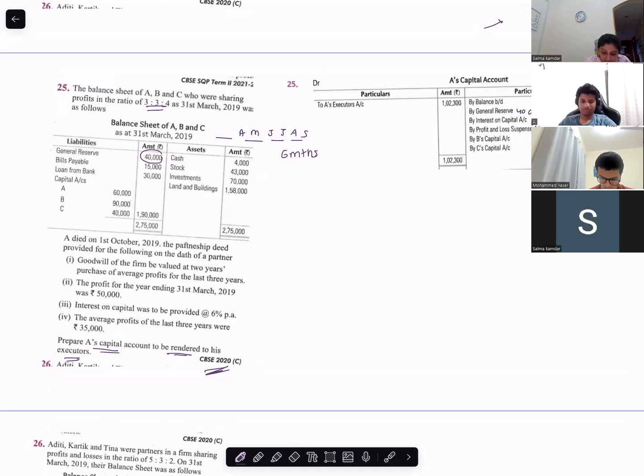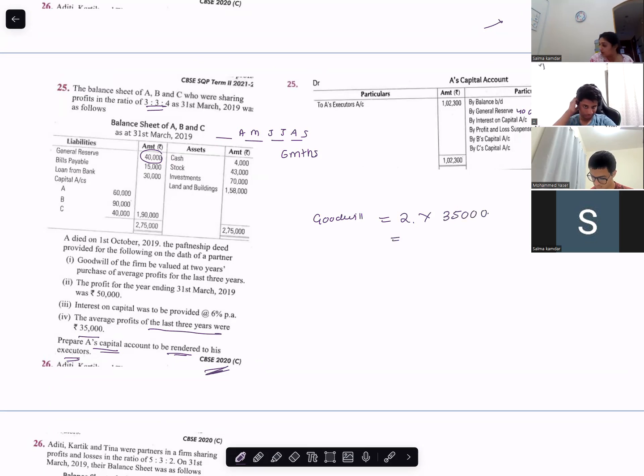Now, goodwill of the firm is valued at 2 years purchase of average profit of last 3 years. So what will be goodwill? Goodwill will be 35,000 into 2, years purchase of average profit of last 3 years.